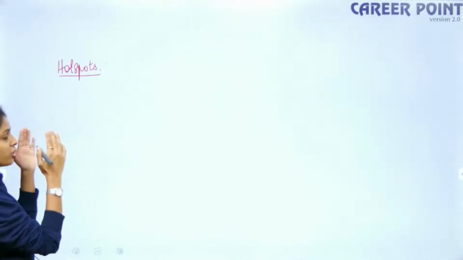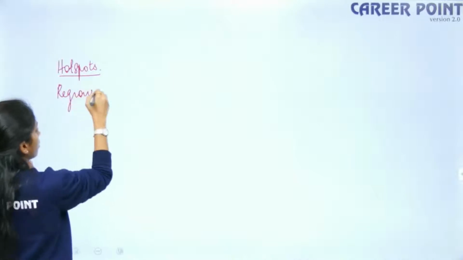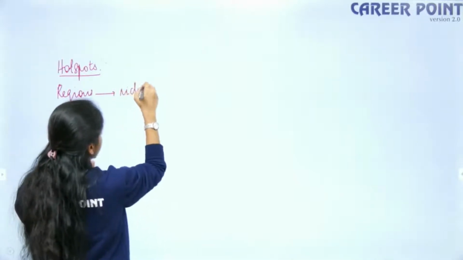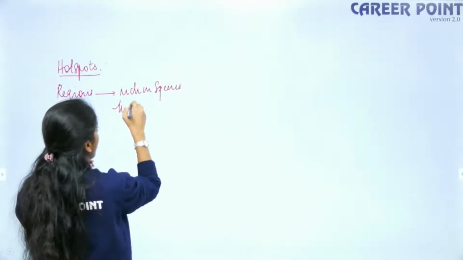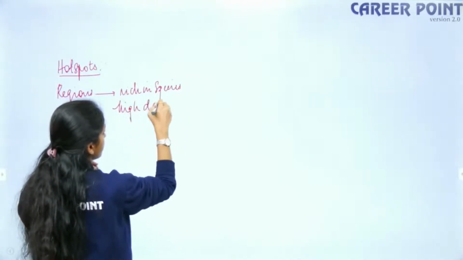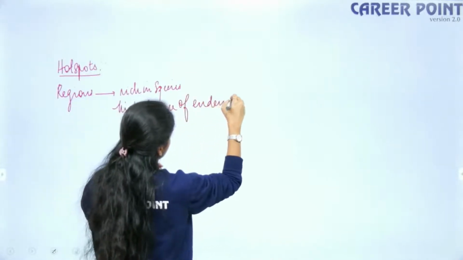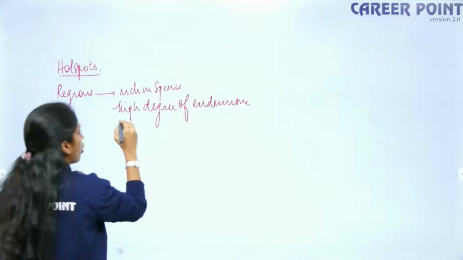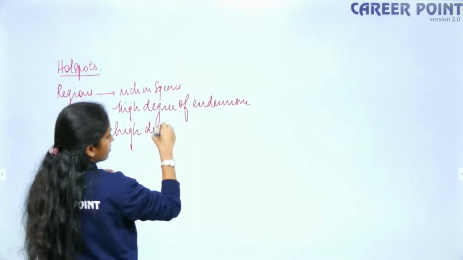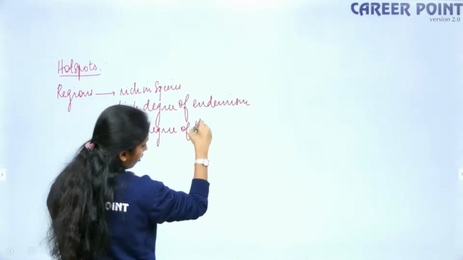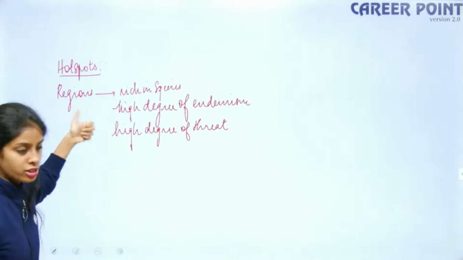Basically they are regions which are rich in species, then you have a high degree of endemism, and you also have a high degree of threat to the organisms. Then this area comes under your hotspot.